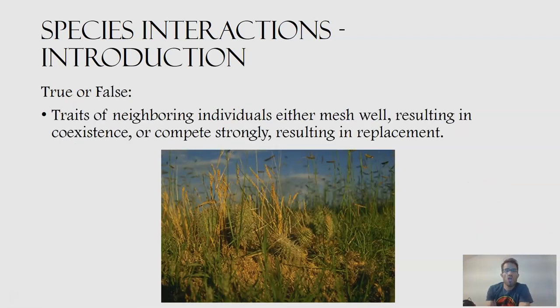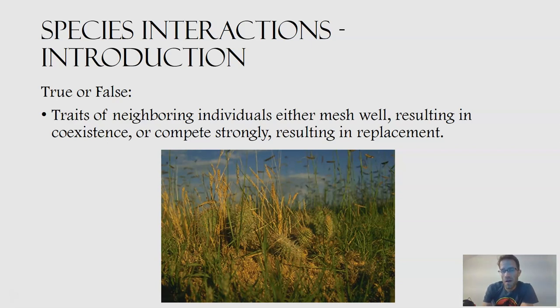Okay, so true or false to start out, again, still thinking about an introduction of species interactions. True or false? The traits of neighboring individuals either mesh well, resulting in coexistence, or compete strongly, resulting in replacement.